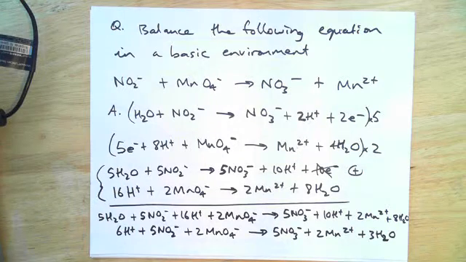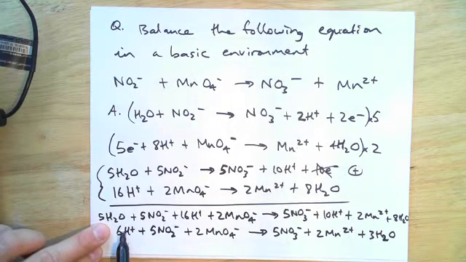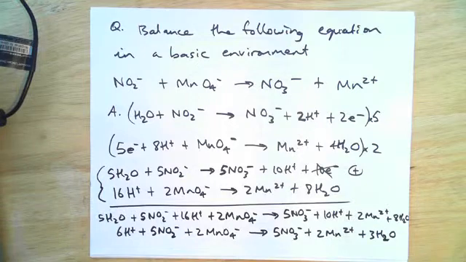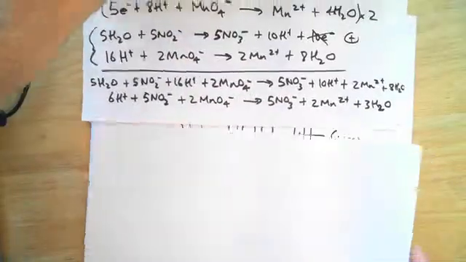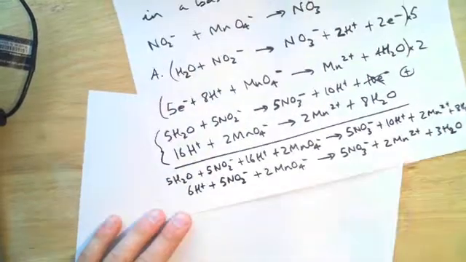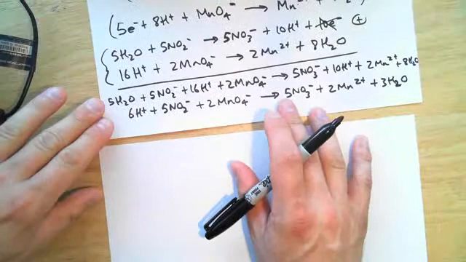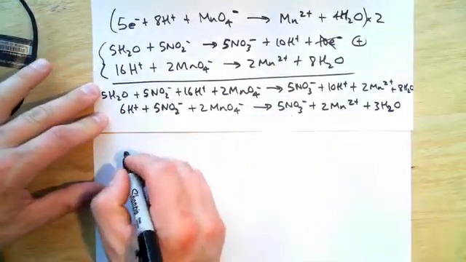Okay, so if you add 6 hydroxides to this side, you add 6 hydroxides to get rid of the H pluses. If I do that, this then will become 6 waters.